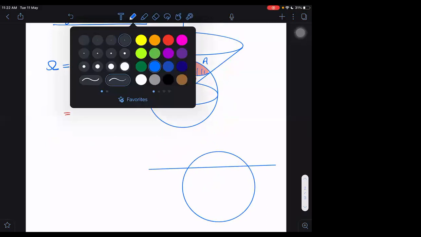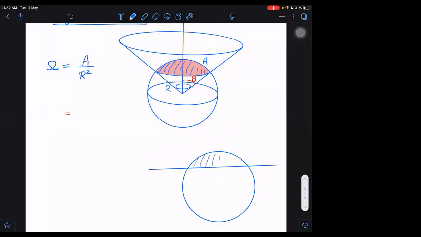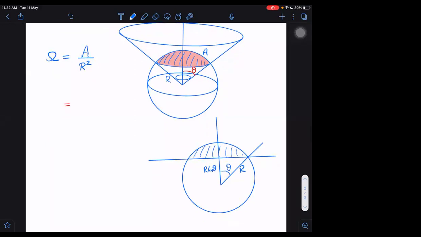No, not total. I am saying just the shaded portion, which is like this. Radius is r. R cos theta. Do you know that we can say OAB is equal to r cos theta?